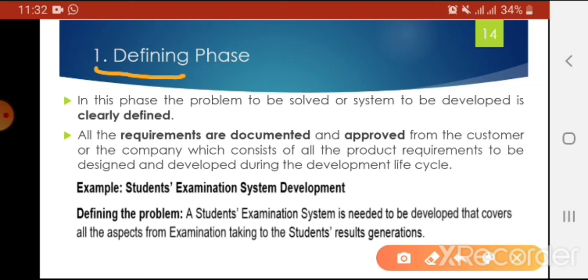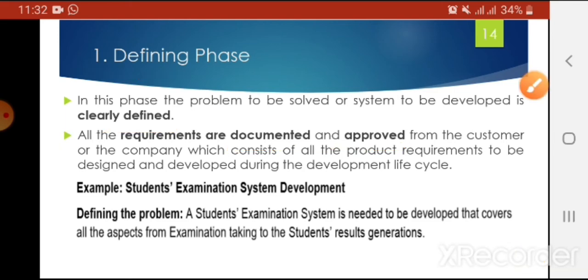In this phase, the problem to be solved or system or software to be developed is clearly defined, which means all the requirements are documented and approved from the customer or company, which consists of all the product requirements to be designed and developed during the development life cycle. It means during this phase, all the requirements that are to be integrated into the system are mentioned.